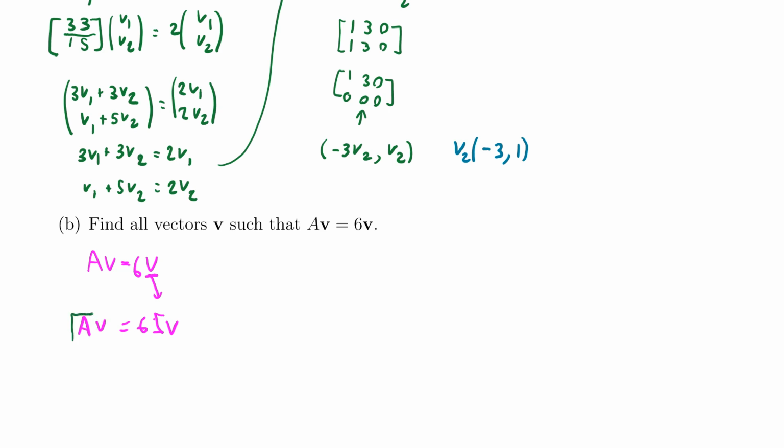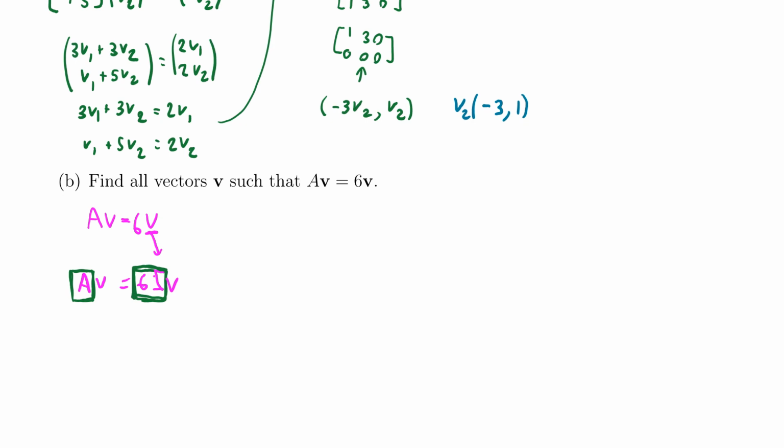Notice how this is a vector. This is a matrix, and my 6I, this is a matrix now. This is just 6 times the identity matrix. So, I can move my right hand side and my left hand side all together. I'm going to have A times V minus 6I times V equal to 0. Again, this is a matrix multiplied by a vector.